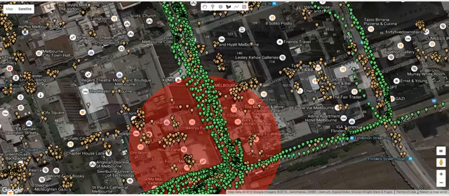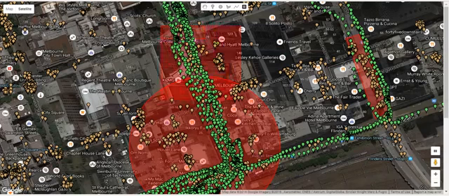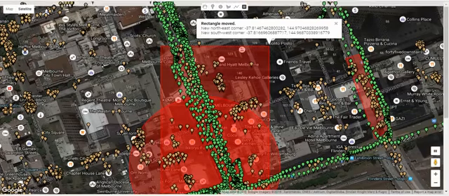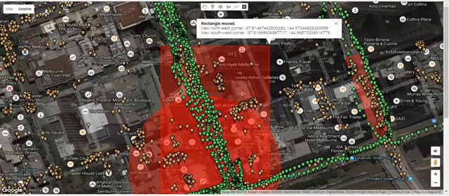If you just want to select a particular section of road like this, or you can select multiple roads, like this. So we have just selected part of Flinders Lane, Russell Street, and Flinders Street. Now again it will generate a graph based on that.